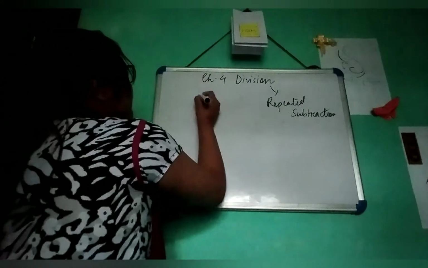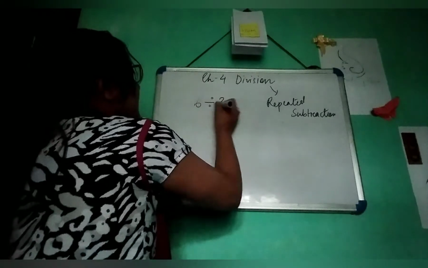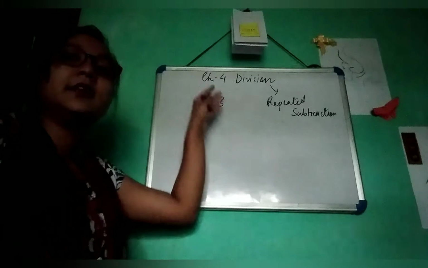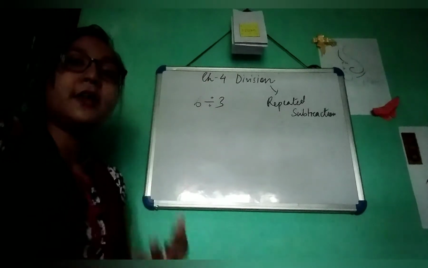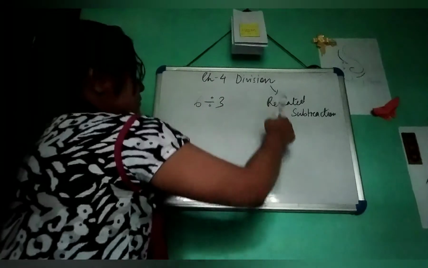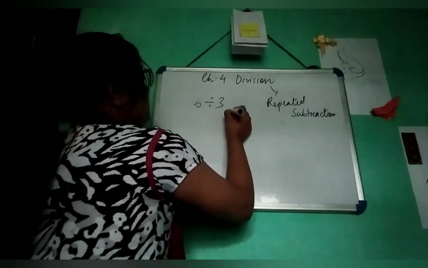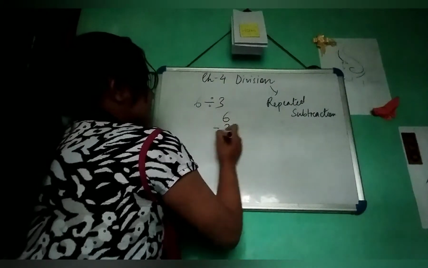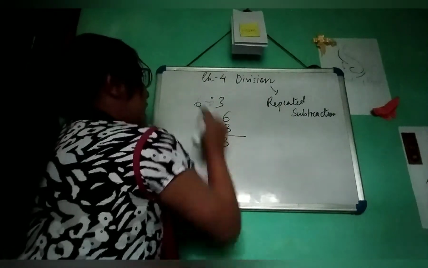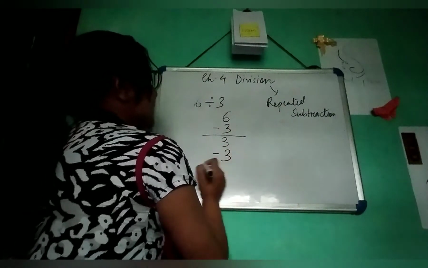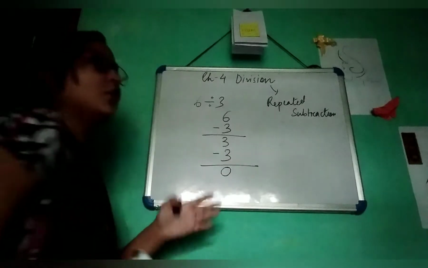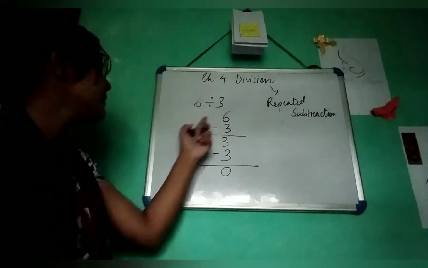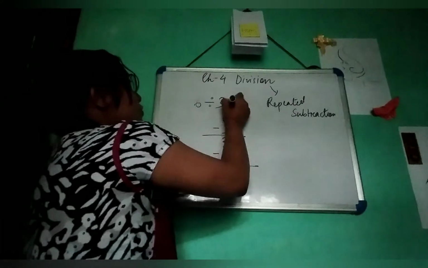Suppose I am giving a division, 6 divided by 3. Okay, 6 you have divided by 3. What will be the answer? So why is it called repeated subtraction? When we do 6 minus 3, we get 3. Again we do minus 3. We get 0. So this proves that you have subtracted 2 times.